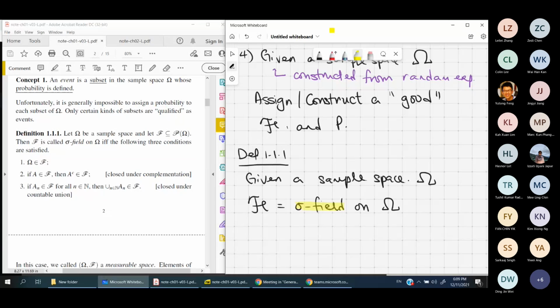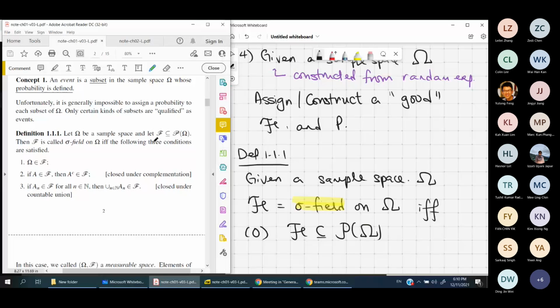So here's the definition. Sample space omega, provided it fulfills all these criteria. Number 0: first of all, F must be a subclass of the power set of omega. In the first place, elements of F must be subsets of omega.